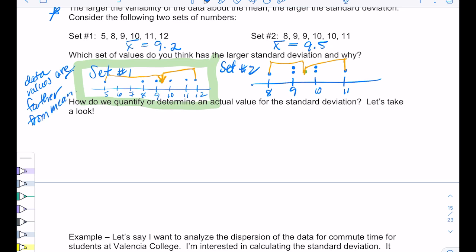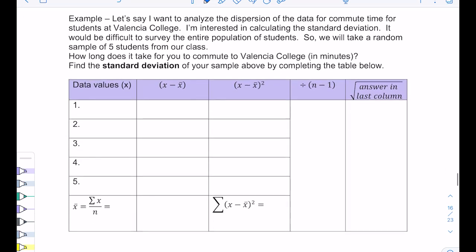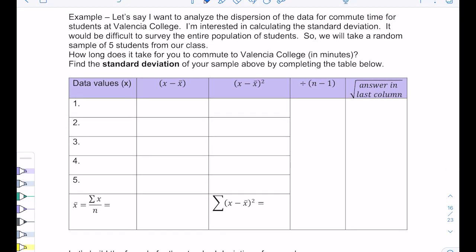So how do we actually quantify an actual value for the standard deviation? There's a process. Let's take a look at how we calculate standard deviation. Let's say I want to analyze the dispersion of the data for commute time for students at Valencia College. I'm interested in calculating the standard deviation.